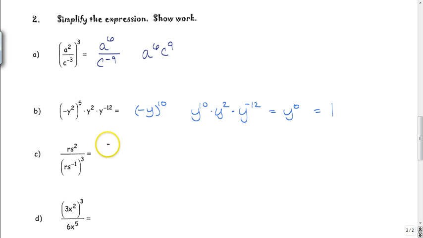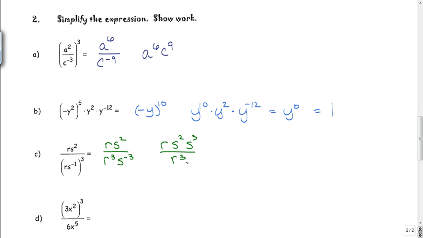So for this guy, we have rs squared over, we can bring that guy, so this is r to the 3rd and s to the negative 3. So that means that s to the 3rd power wants to go upstairs. So it looks kind of like this. We have r, s squared, s cubed all over r cubed.